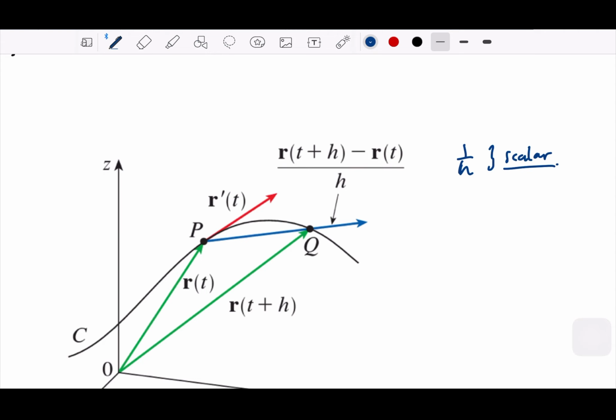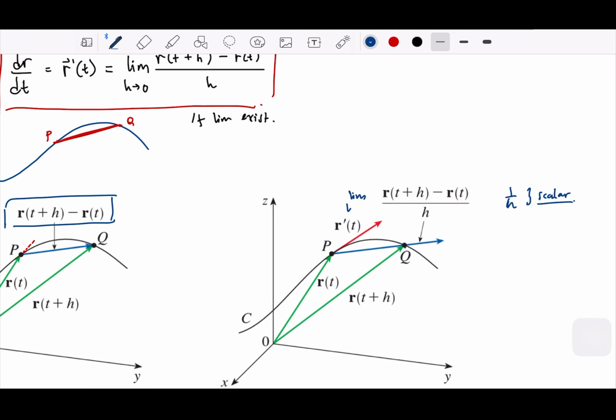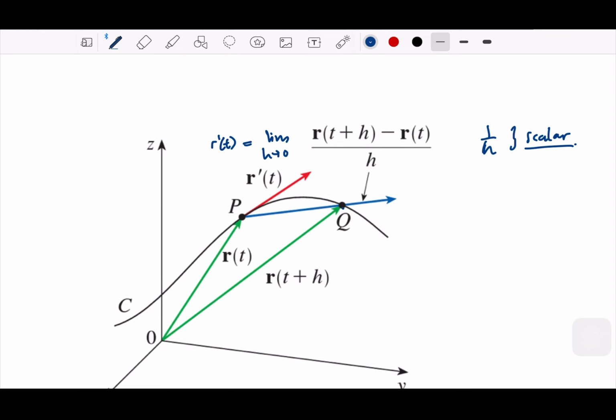So if we are going to take the limit as h goes to 0, then this will be equal to our derivative.